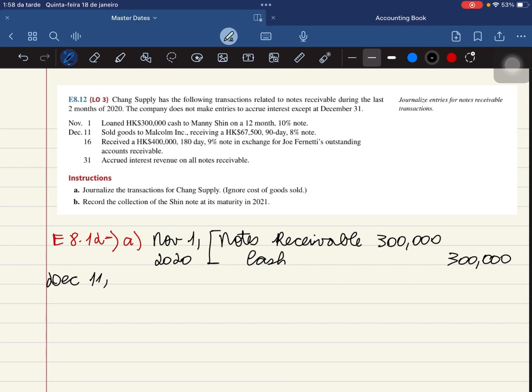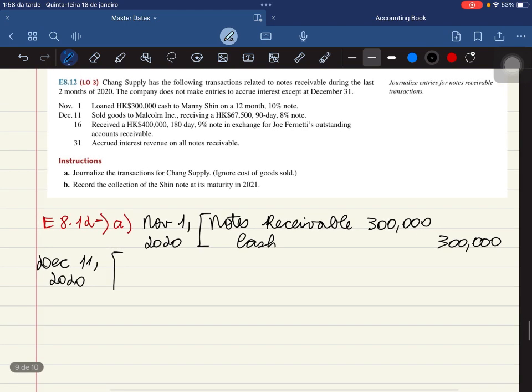December 11, 2020. Sold goods to Malcolm Incorporation, receiving a $67,500 note, right? 90-day 8% note. Same thing. You got a note, so it's going to be notes receivable.